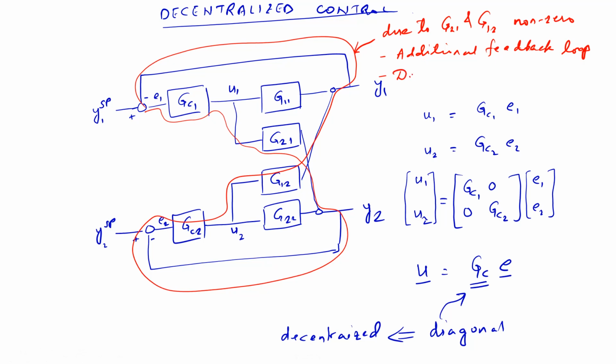It will destabilize the system, and because the system is destabilized because of multivariable interaction, the multivariable system tuning will have to be detuned. So you require detuning from the usual SISO settings.